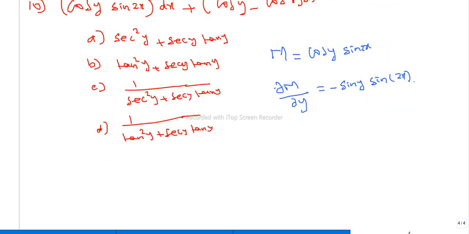This is dou M by dou y. Now what is N? N is cos square y minus cos square x. Now if you find dou N by dou x, this should be 0 minus the derivative of cos square x. First you take 2 cos x, and then the derivative of cos x is minus sin x. Therefore minus times minus gives plus sin x.